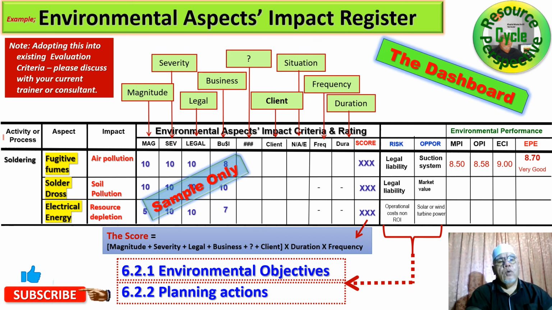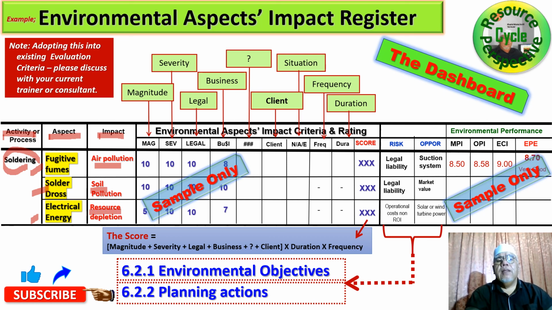This is a column for all the activities and processes, and we have a column for environmental aspects. The process is soldering, and these are all the environmental aspects: fugitive fumes, solder dross, electrical energy. They have been identified to cause these impacts respectively: air pollution for fugitive fumes, soil pollution for solder dross, and resource depletion for electrical energy input.